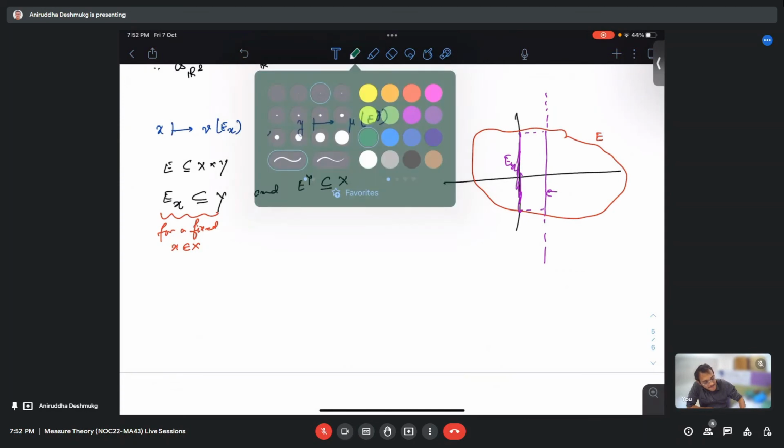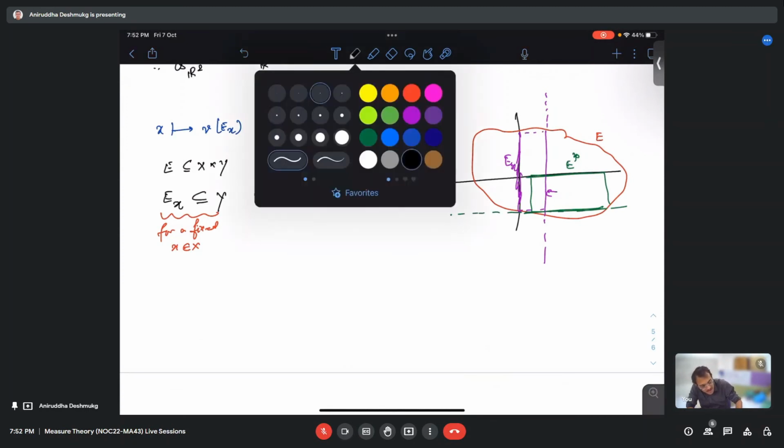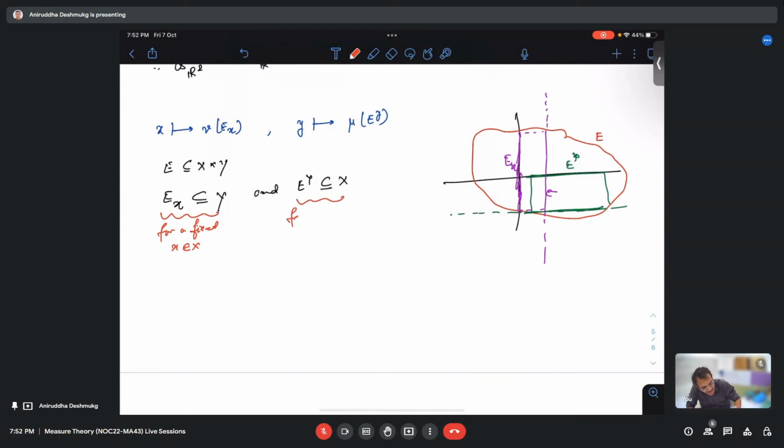On the other hand, look at this horizontal line, look at this intersection, and project it here. This part is my E^y. So if I change my x, E_x is going to change. If I change my y, E^y is going to change, very naturally. This is also for a fixed y.